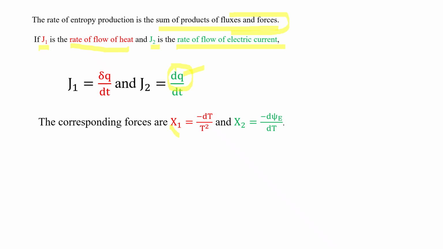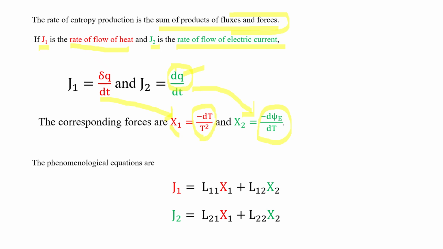The corresponding force for the flow of heat can be given as X1, and in the same way the corresponding force for the flow of electric current can be given as X2. We can take the X1 value from the previous slide, that is minus dT by T square, and X2 will be minus d psi e by dT.